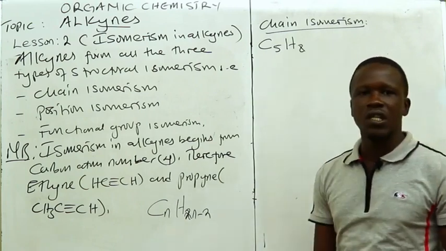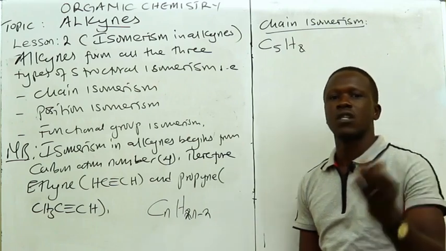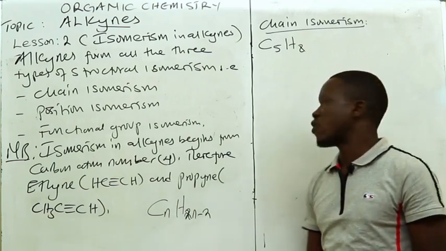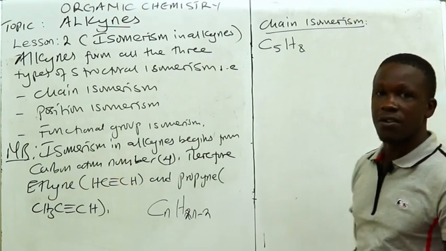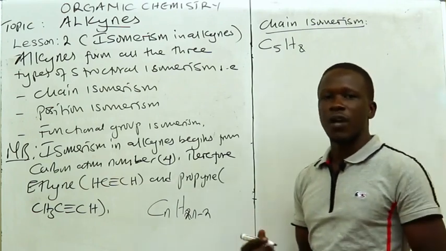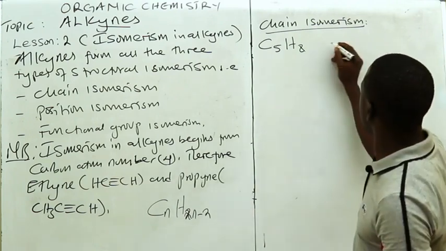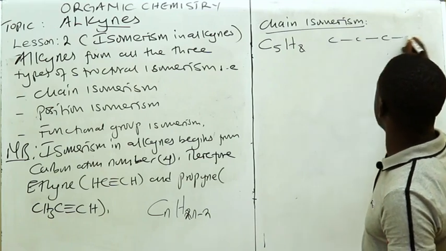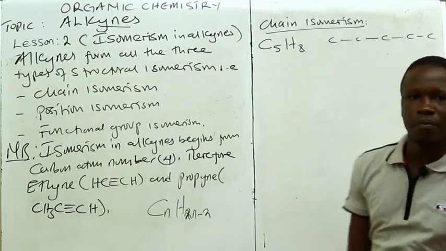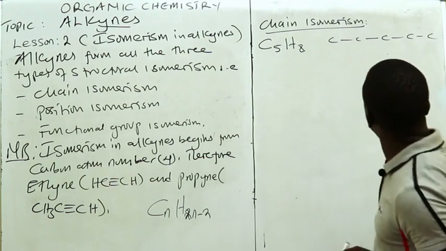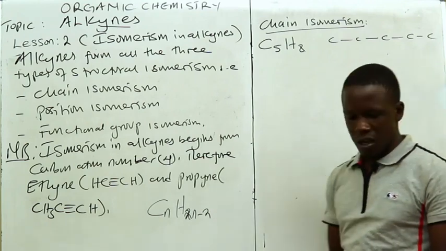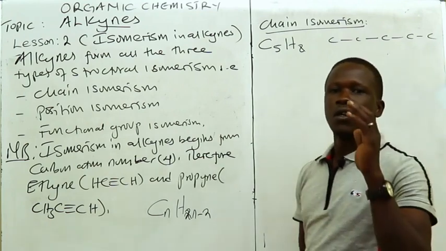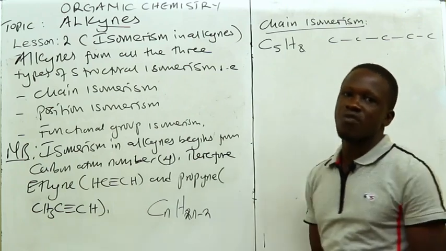When we are generating our first isomer, we first write the straight chain. And if you're not very good at this bonding thing, you can first get a pencil somewhere and try to sketch 5 carbons. Since this is an alkyne, there must be a triple bond somewhere.